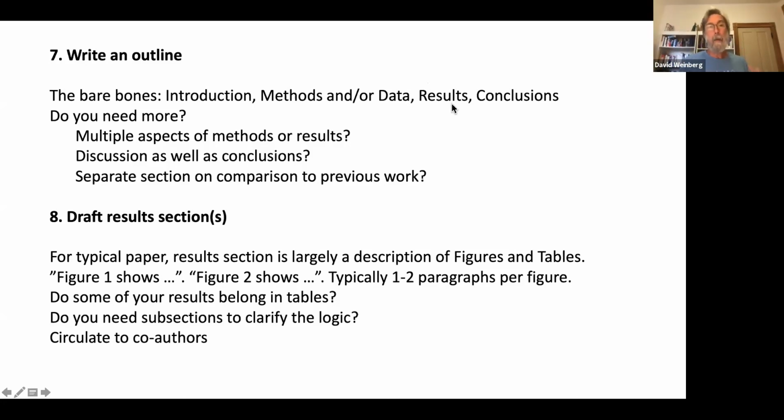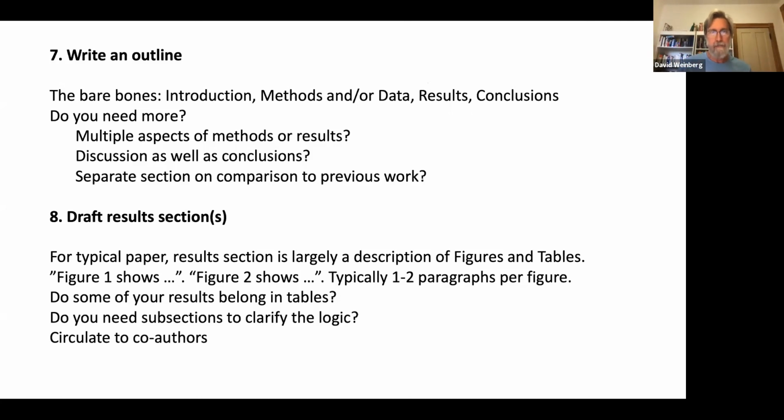So then you want to write an outline of the paper. Sometimes it's figures first, then outline. Sometimes it's outline first, then figures. But anyway, around this stage, you should be writing an outline.